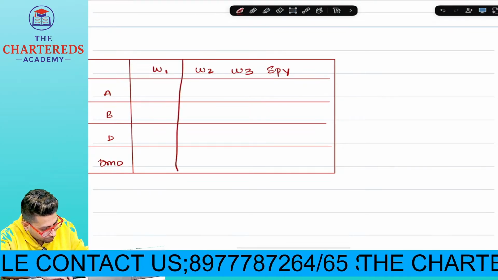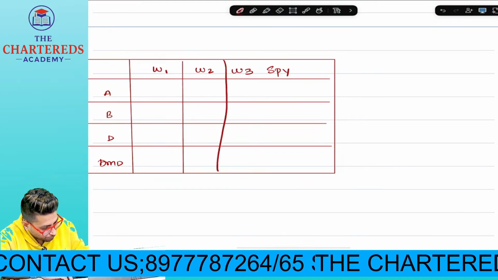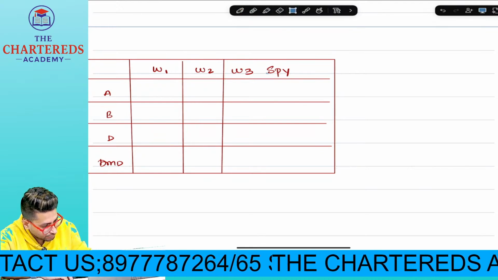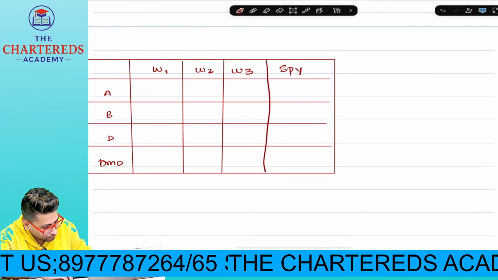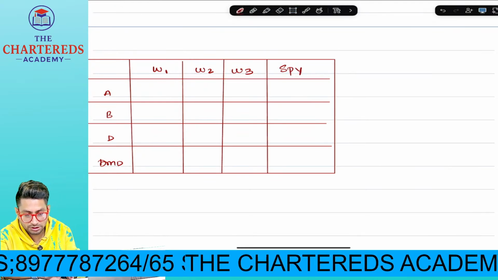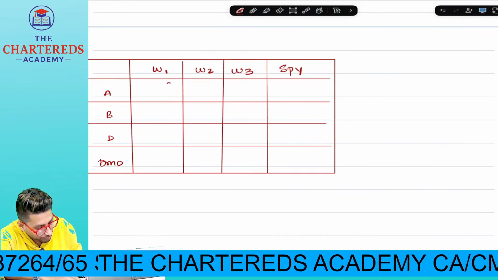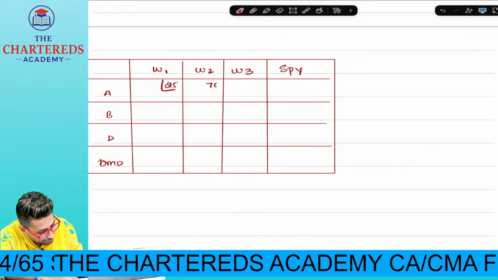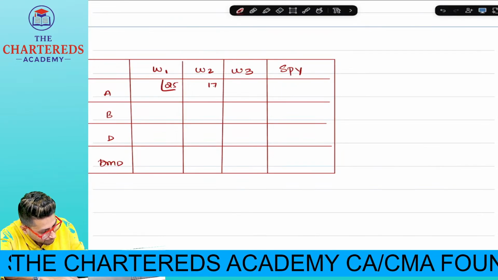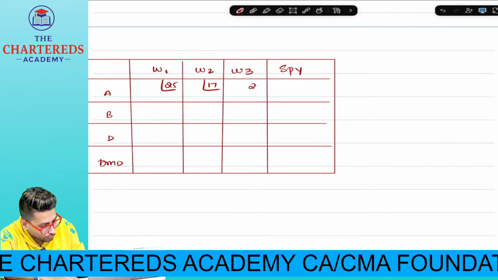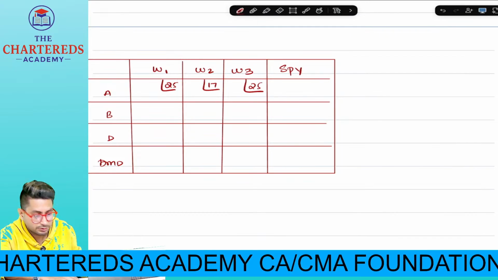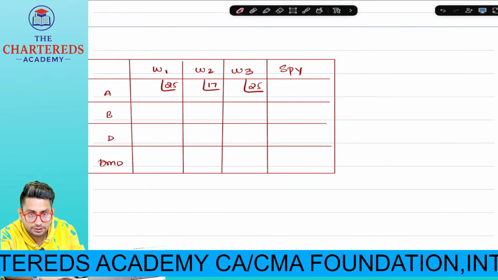W1, W2, W3, supply. Now tell me the cost. How much? 25, 70, 17, 25. Okay. 15.